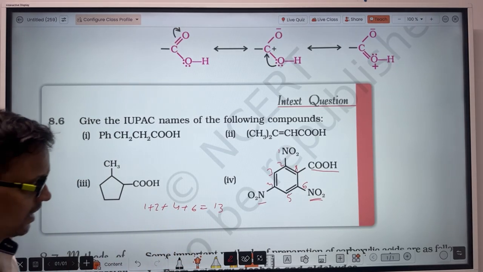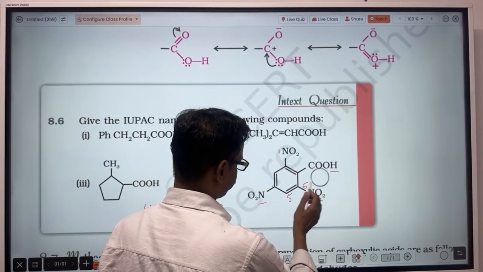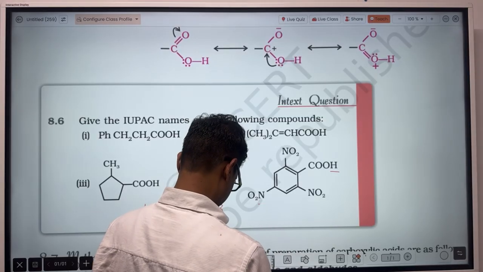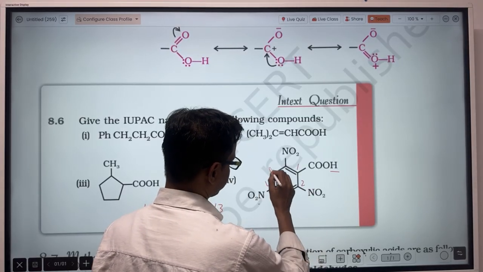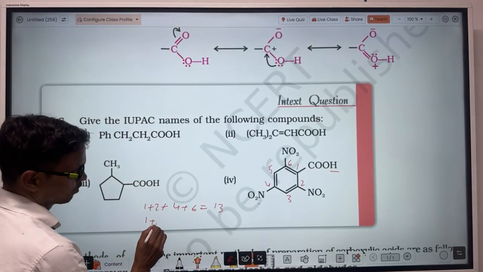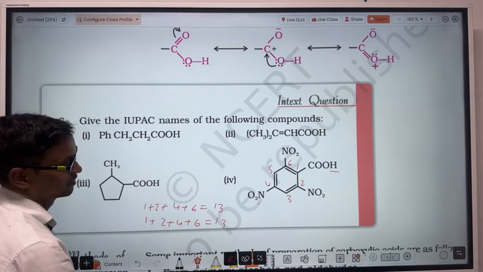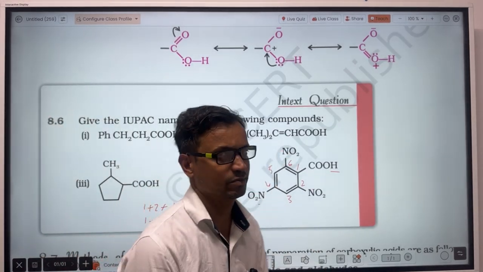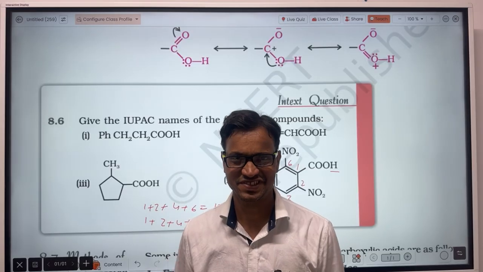The sum is 13. When you do the numbering clockwise, 1, 2, 3, 4, 5, 6, the summation will be 1 plus 2 plus 4 plus 6, that is 13. So whether you do the numbering clockwise or anti-clockwise, you get the same summation.